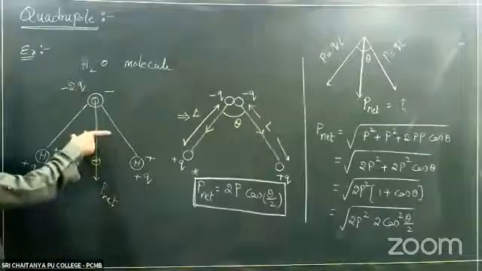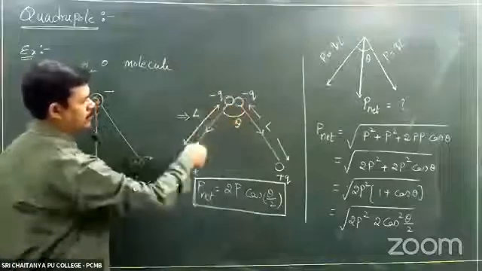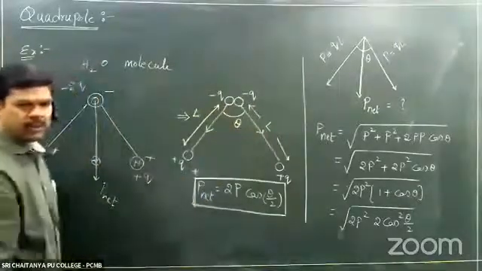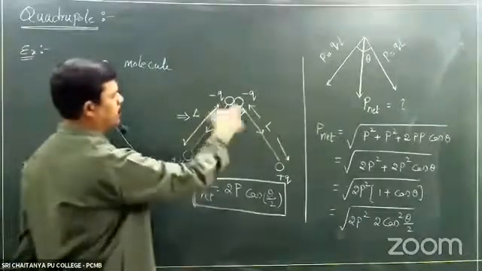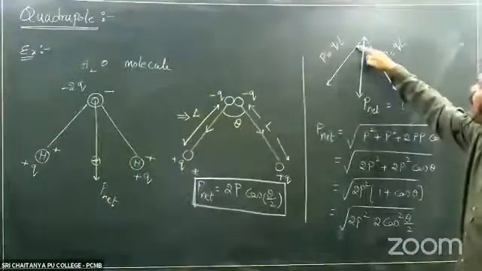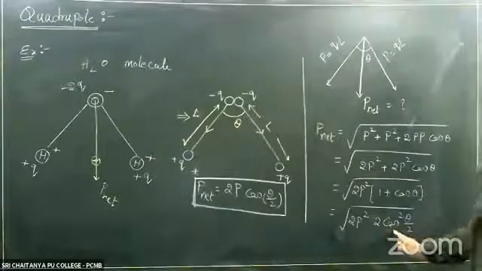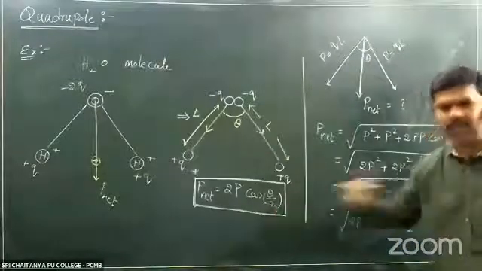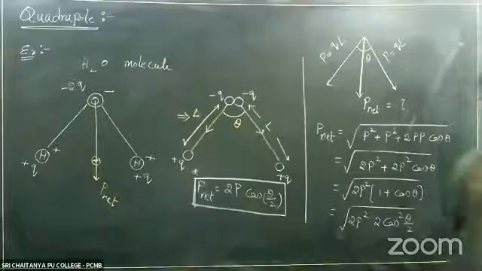Whenever a quadrupole is given, you split this charge up, it becomes two dipoles, and they provide this angle. So you write down the dipole moment of each dipole, and the angle between them. Apply this formula, or directly apply this formula, you will get the answer. Come on, note down one of the important problems.